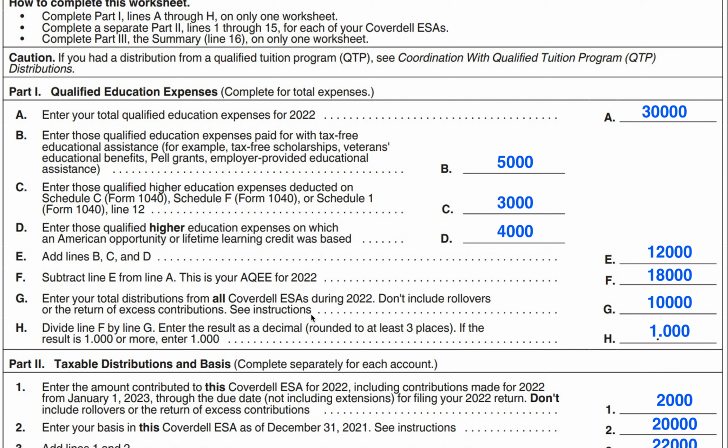So in part one, this is for all Coverdell ESA accounts, but in this scenario, we'll pretend that we only have one. So really the total is the same as the individual. In line A, we're going to enter the total qualified education expenses for the given tax year.